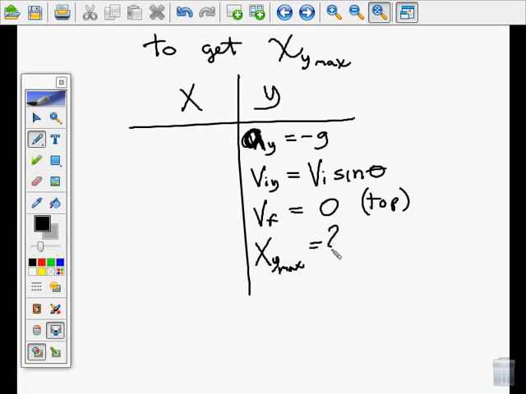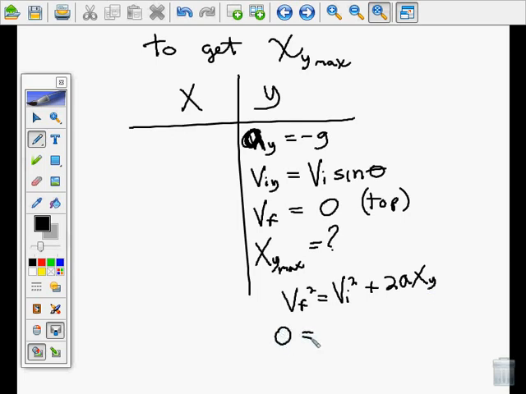Well, notice that shouts out the no time formula. So you could just use v_f squared equals v_i squared plus 2a x_y. And of course, the final velocity on the way up is 0.